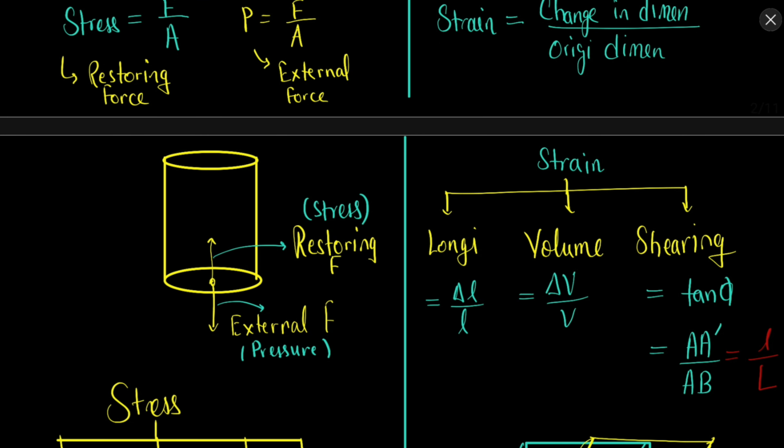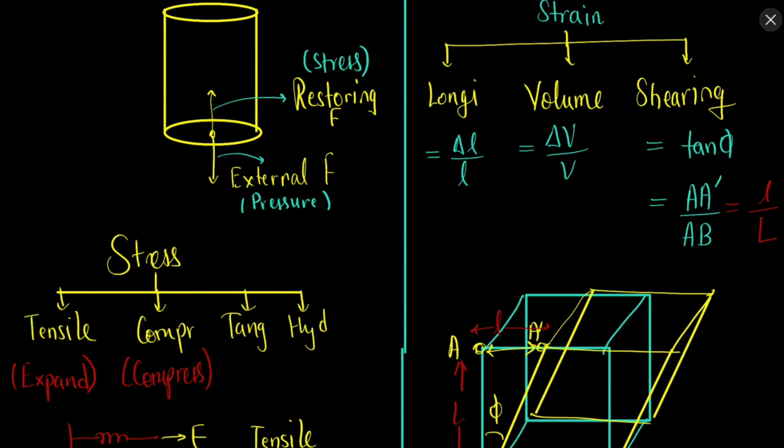Normal force upon area, the external force upon area, is the pressure, the normal pressure that we have studied so far, but stress is the restoring force upon area. When we try to change the shape of the solid, there is an external force applied, and the solid applies some restoring force in opposition to the external force in order to keep its shape the same.